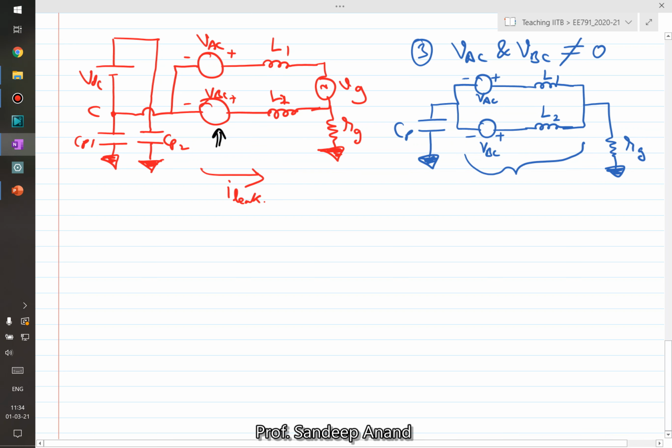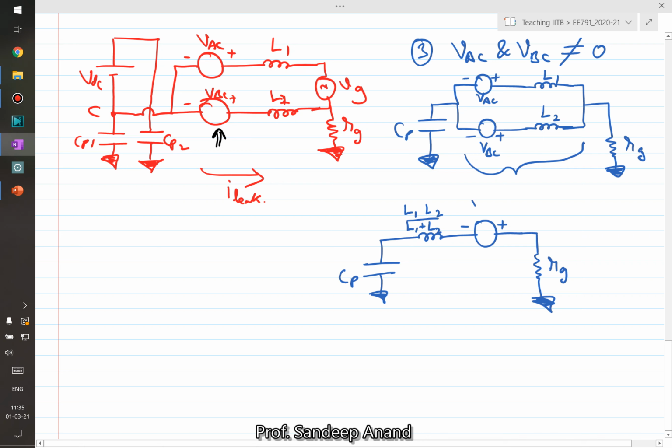So let me do that. Left side, I have a CP. Then let's say I have an equivalent source and the equivalent inductance followed by RG connected to the grid. Right, what are the values? The L is same, it is the parallel combination of the two. So this is L1 L2 upon L1 plus L2.